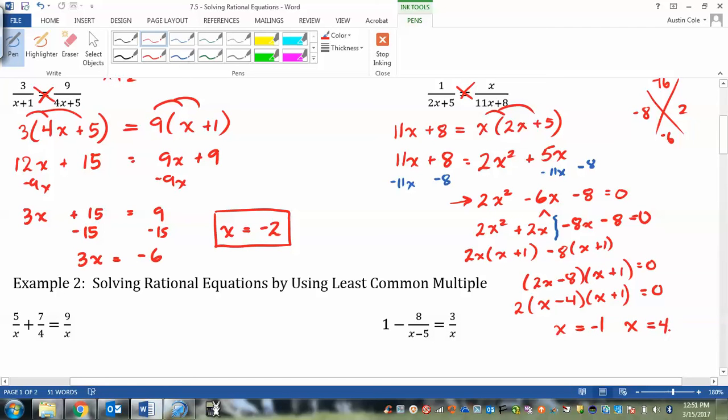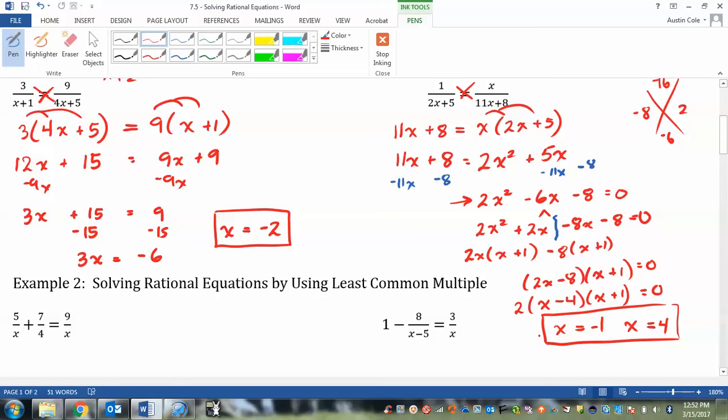Now, if I go back, are any of those going to make my denominator 0? No. So both of those are our solutions. Both of those values would make that a true statement. Does that make sense about me factoring a 2 out of here so we could mini marf instead of marfing?